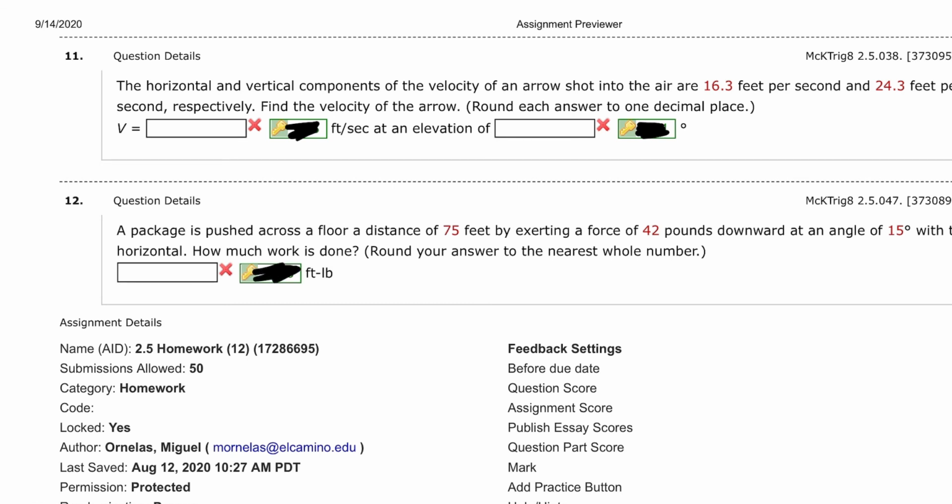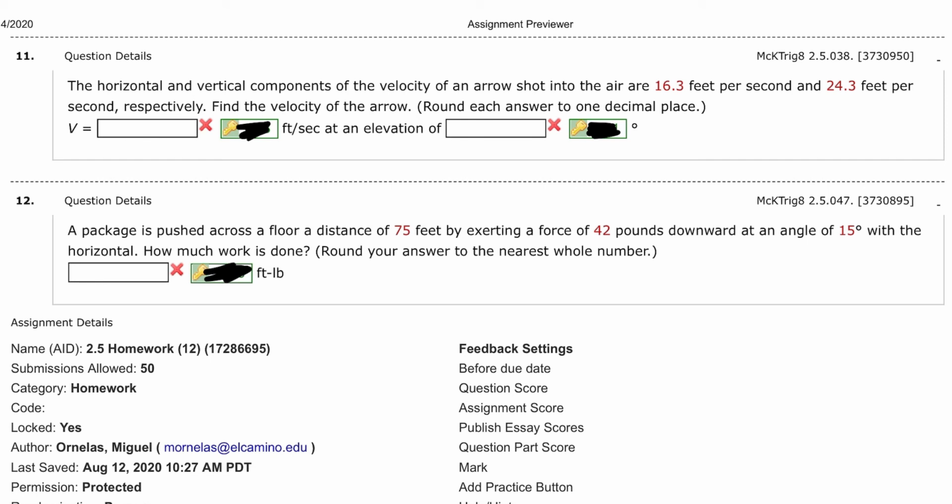All right, for this number 11, the horizontal and vertical components of the velocity of an arrow shot into the air are 16.3 and 24.3 feet per second, respectively. So those are your horizontal and vertical components. All right, so let's draw that. So your horizontal is 16.3, your vertical is 24.3. Find the velocity of the arrow. So for the velocity, we would just use the Pythagorean theorem.